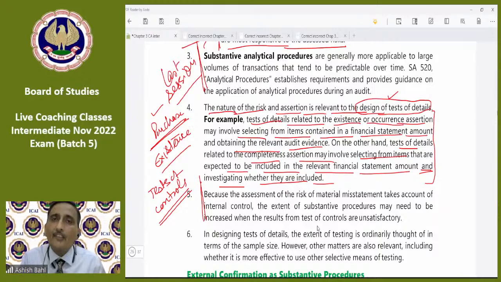However, if the results of tests of controls are not up to his expectation, or are not satisfactory, then obviously he will increase his substantive checking. He would increase the area of his substantive procedures. So is that clear to you?